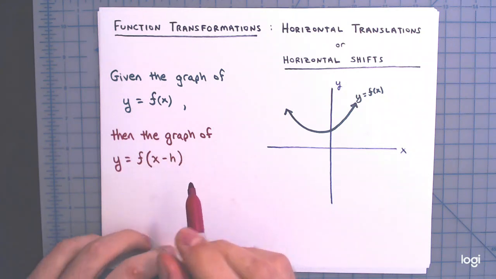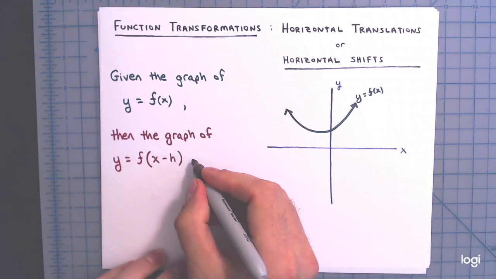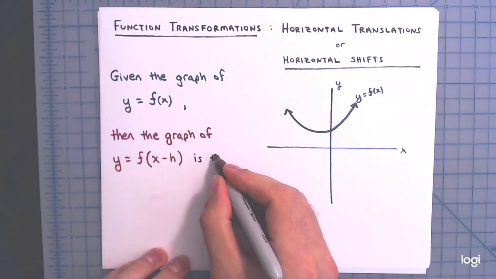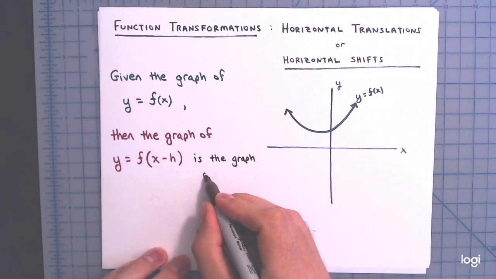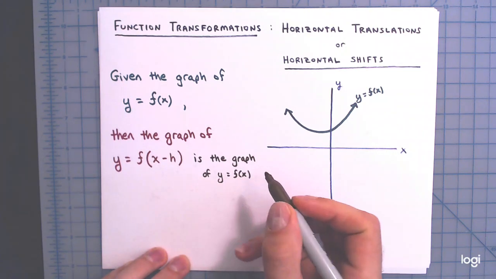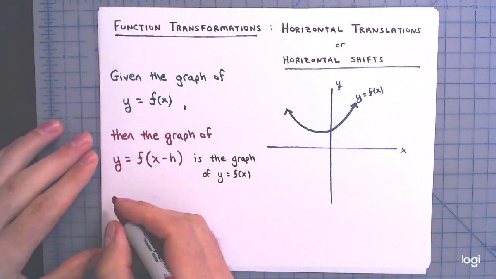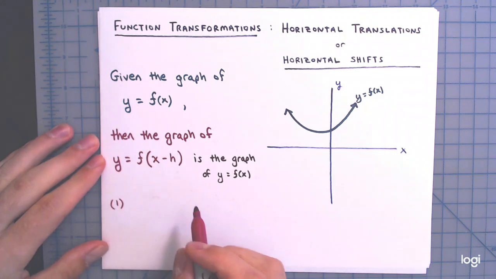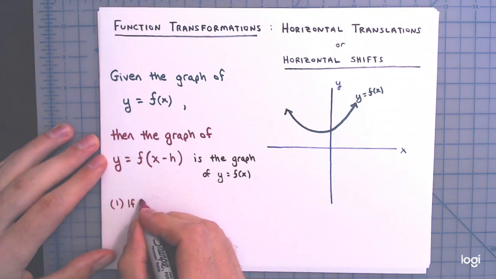The graph of y equals f of x minus h is the graph of the original, and there are two cases. One, if h is a positive number.